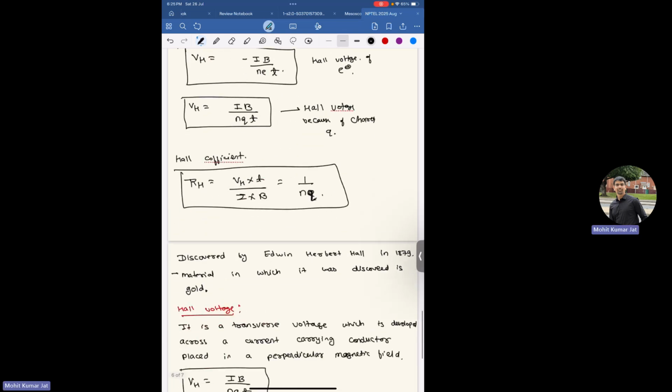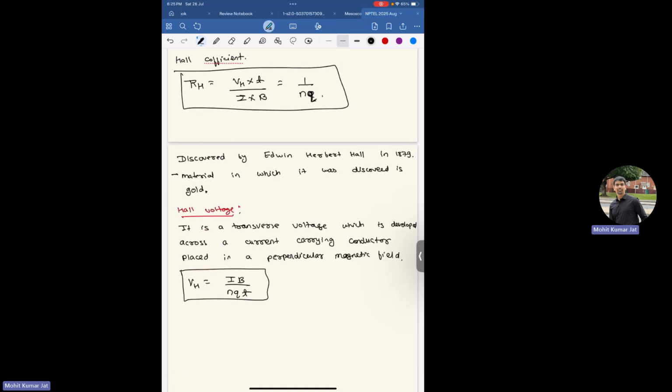Now, from this equation, let me call it equation 1, by measuring VH one can determine the polarity of the charge carriers. What I mean by polarity is whether they are electrons or holes.